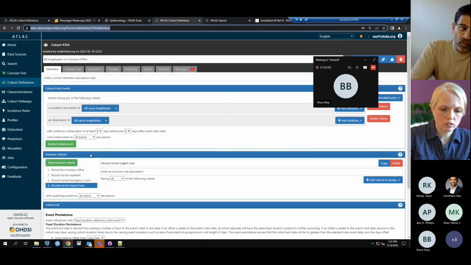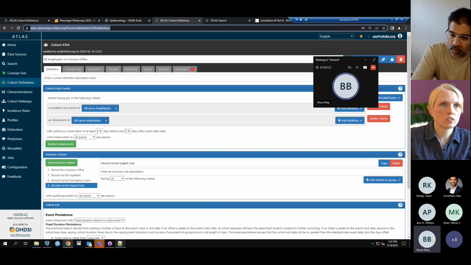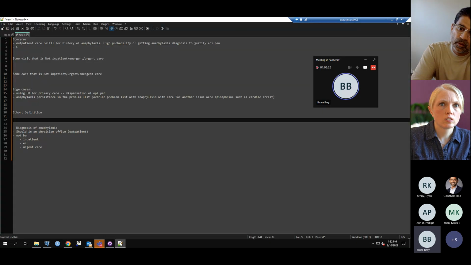Somebody has a rash and they're worried that it was their previous anaphylaxis kicking in, so they come in to get an evaluation, and it's one of these codes that still seems to fit your definition of that group 3, right?